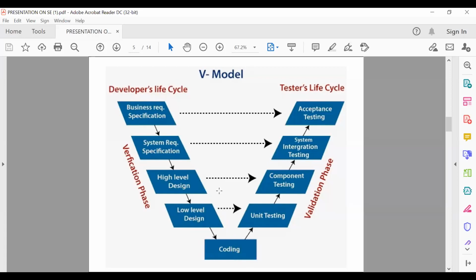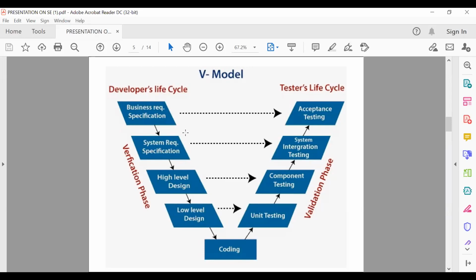But I want to say something on that. In the waterfall model, we can only come to the next step if the first step is already done. But in the V model, if there is some error in the previous phase, then you can revert back to the previous phase and correct it. Only then can we come to the next phase.